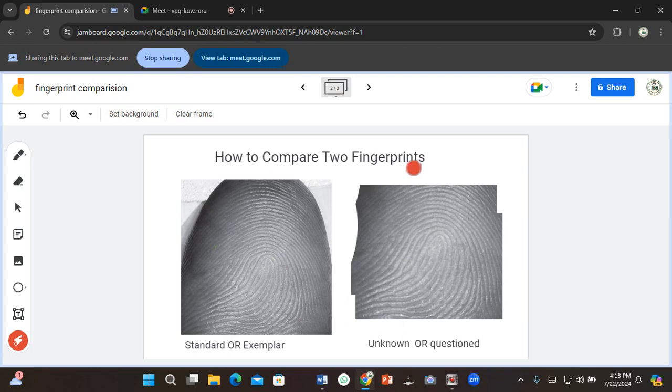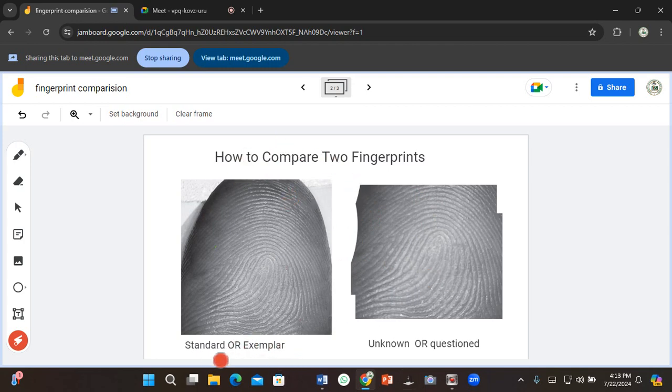So that suspicion may make us want to compare the known fingerprint of the man, which we call exemplar or standard, to the questioned one, the one that we suspect is not his own. So it's either of the two, whether on a document or the one that we lifted from the crime scene.